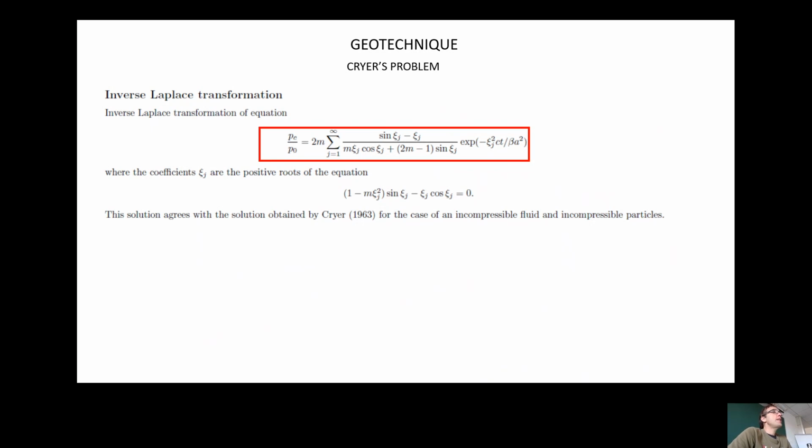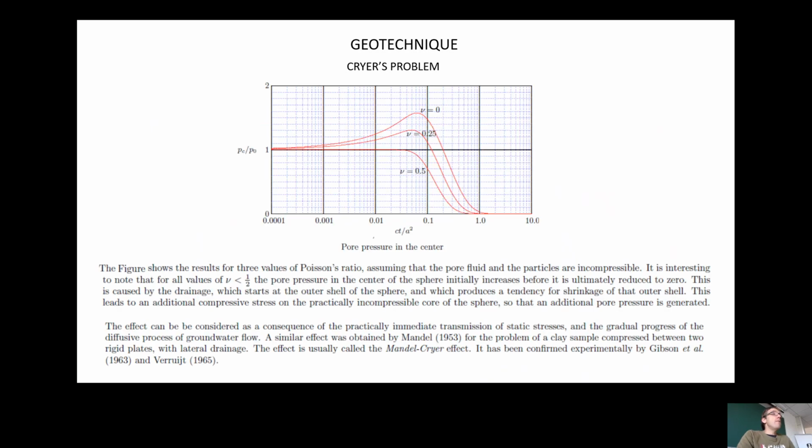equation. And at this point, you can see p_c over p0. Again, I don't want you to memorize all this equation, but what I want to say is that, first of all, the coefficients xi are the positive roots of the equation, and this solution agrees with the solution obtained by Cryer in 1963 for the case of an incompressible fluid and incompressible particles.